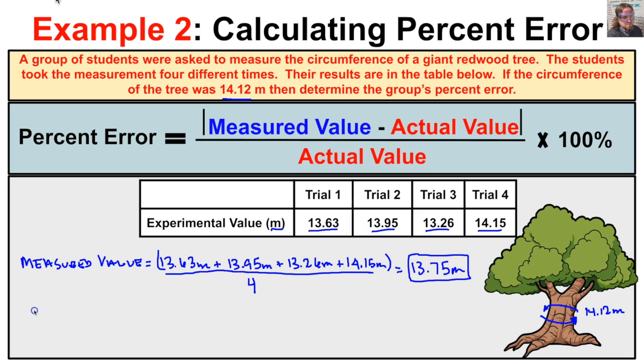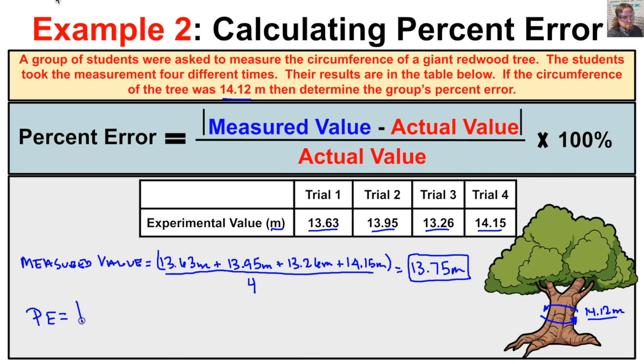And now to get our percent error, we're going to take our measured value, which is 13.75, that's our average, minus our actual value, which is 14.12. We will then divide it by the actual value and multiply by 100%.